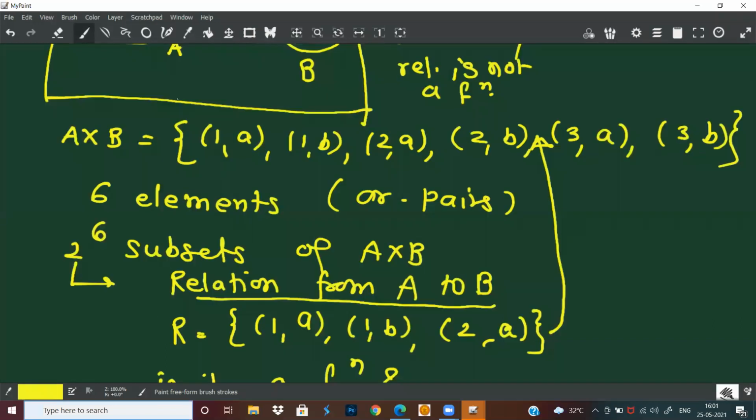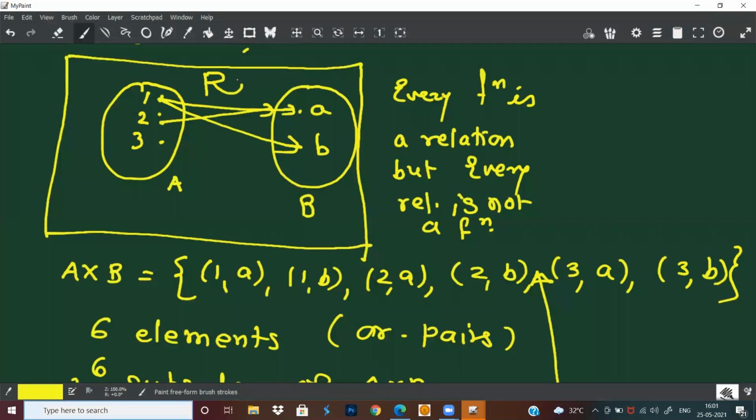Very good answer. 1A, 1B and 2A. ये है relation between A and B. ये मैंने दिखाया. It is not a function. Why?